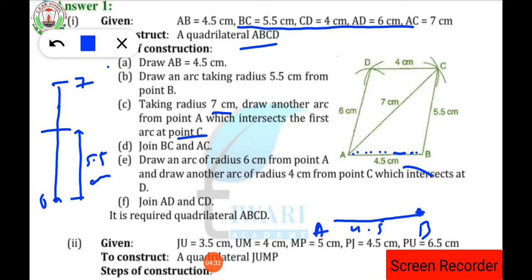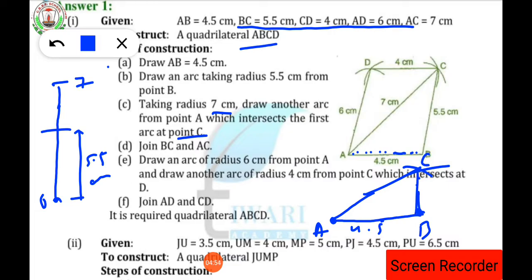Keeping the needle at point A, draw the arc such that it will cut the first arc. So here we got an intersection point, so we can draw the line.